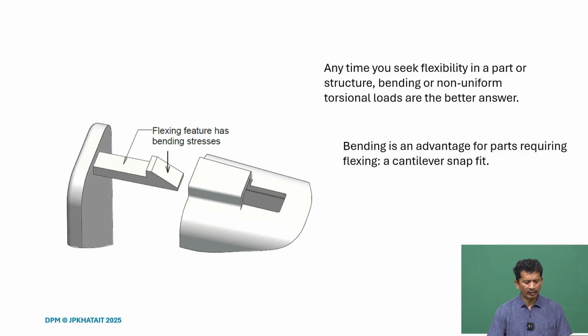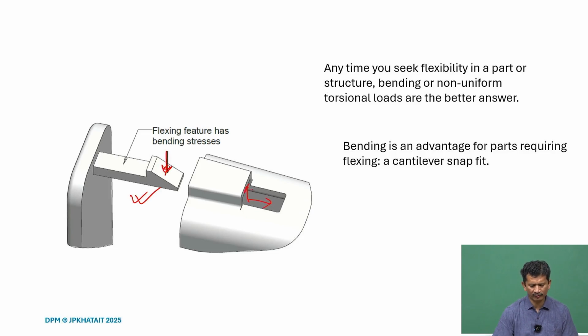So, wherever we need some flexibility, compliance, there we go for bending or torsion. So, for instance, if we take this design, this snap fit, we want that under loading this should deflect and get locked here.